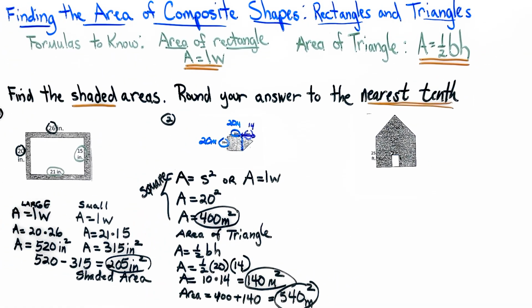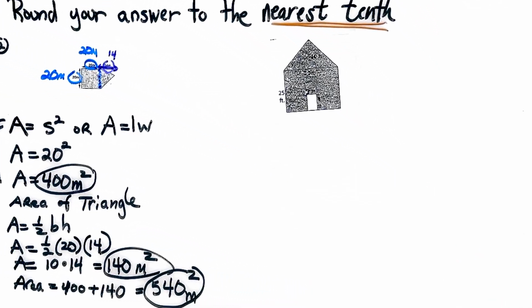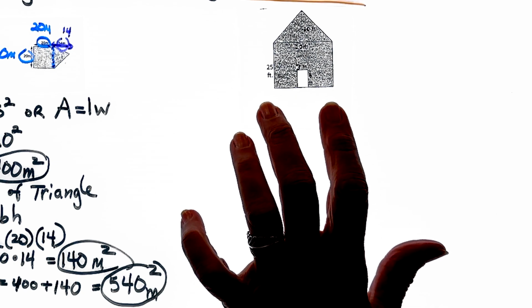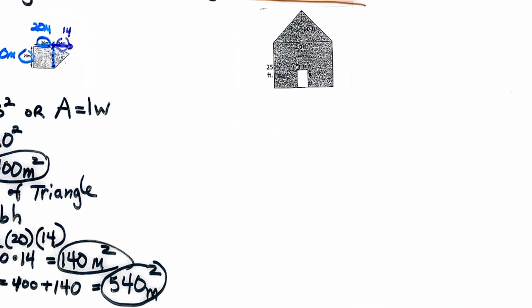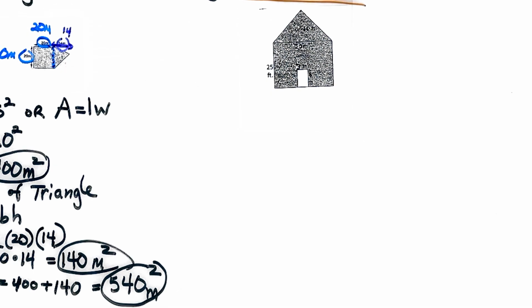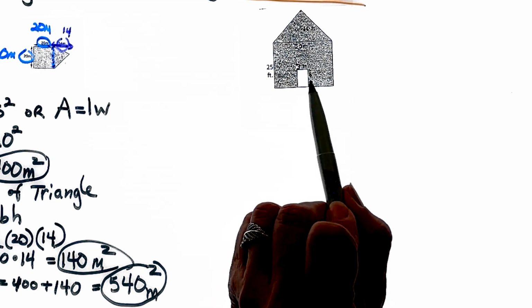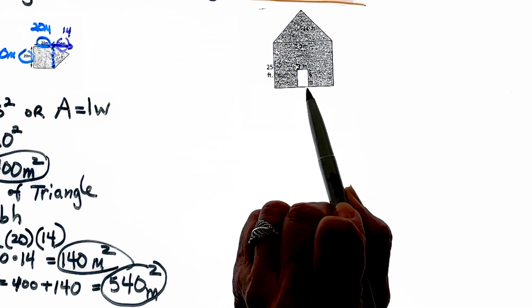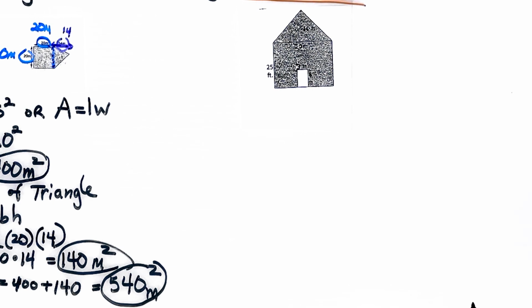All right, going to the last drawing that we have here. It actually looks like a house. And remember, our directions say the shaded area. So what we're going to have to do is subtract away this one little white spot that happens to be the door as we are finalizing our answers.